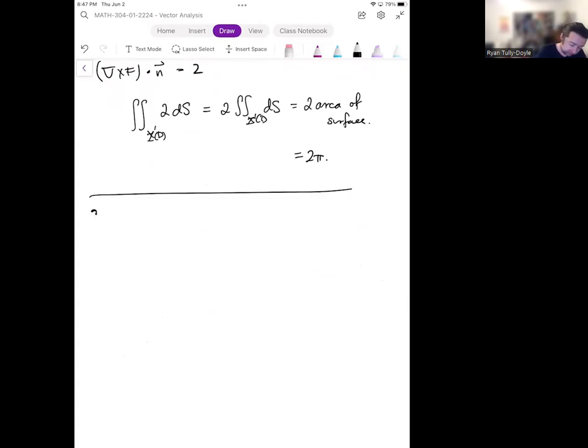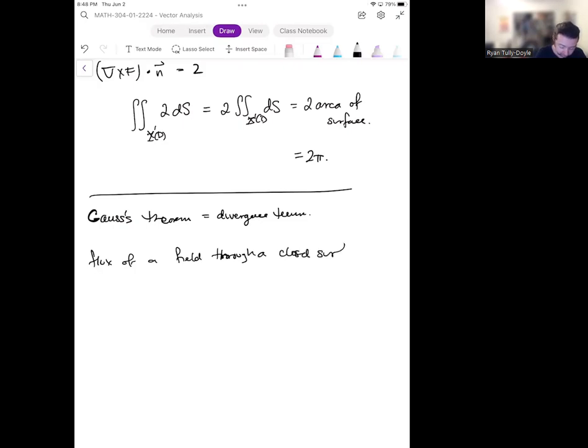So Gauss's theorem, which is also called the divergence theorem, says that basically the flux of a field through a closed surface is equal to the total internal divergence.